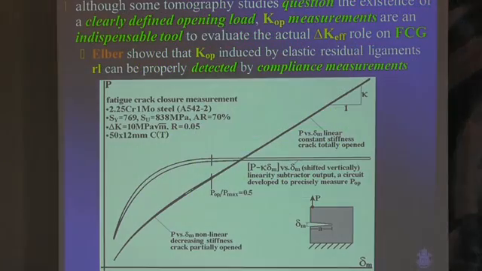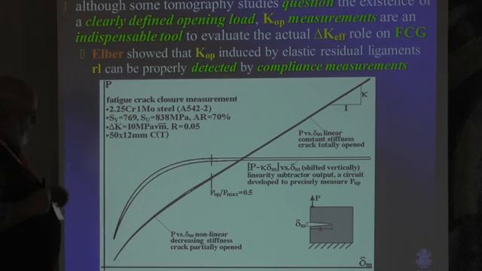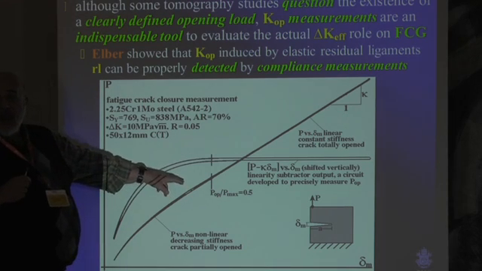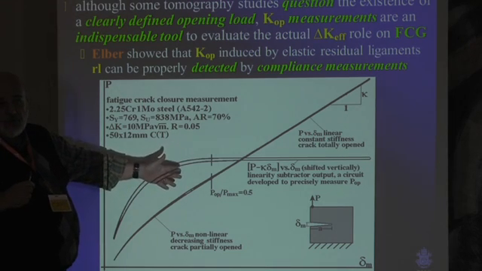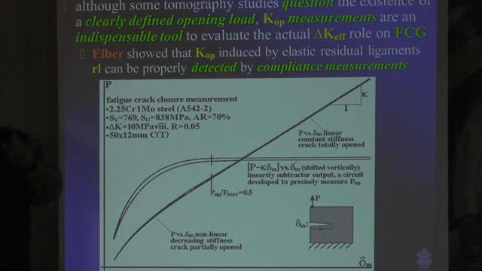What I'm going to present here is some very simple closure measurements done in the way Elber himself proposed, using compliance measurements in order to identify the opening load. I had presented that in Urbino and made some conclusions on the measures made exactly as Elber made them a long time ago.